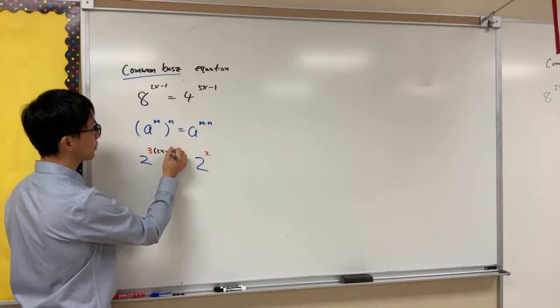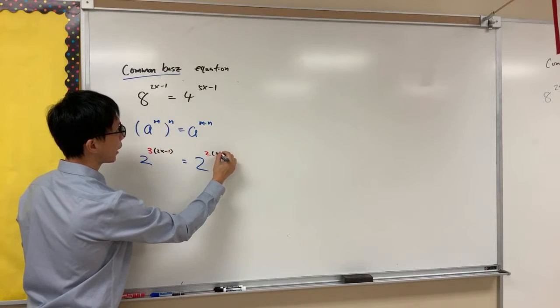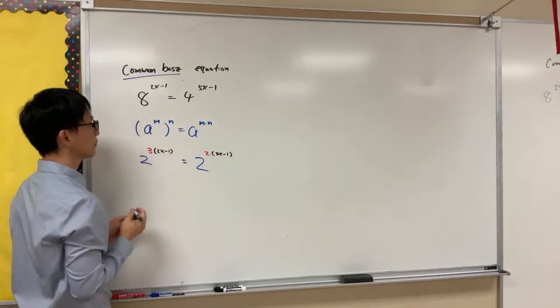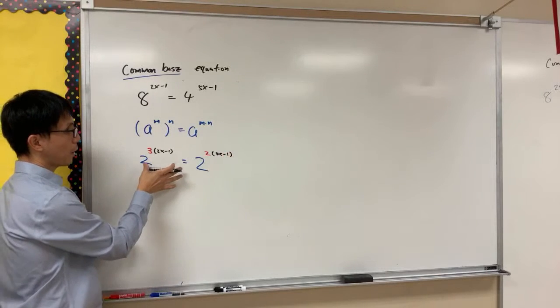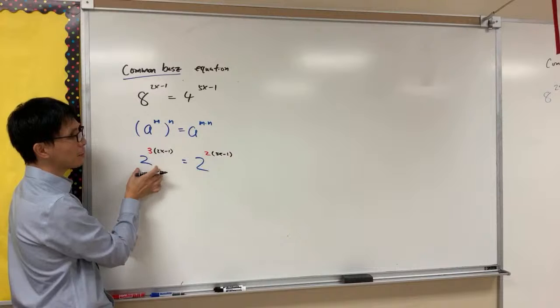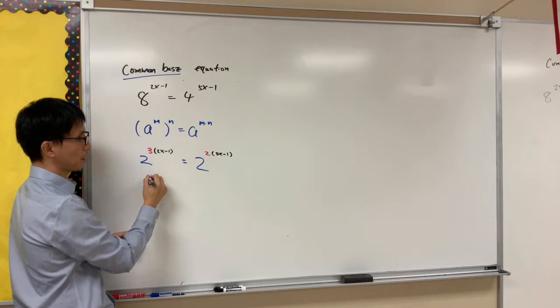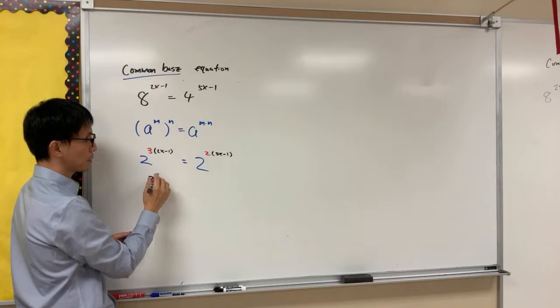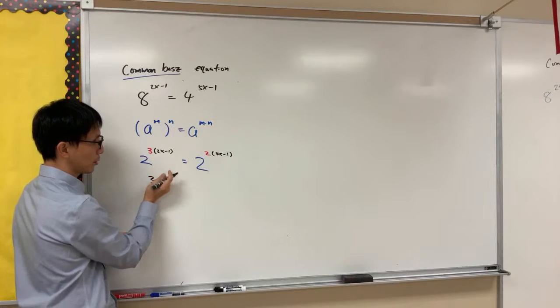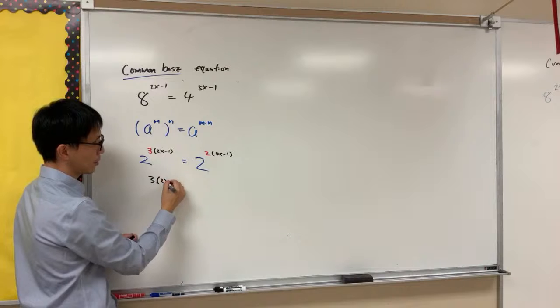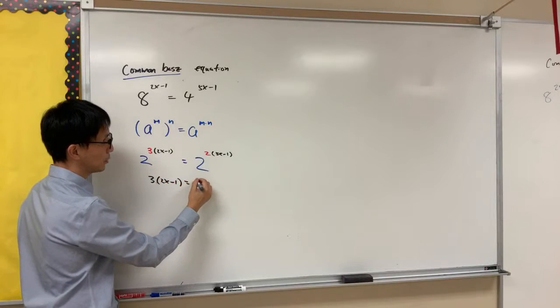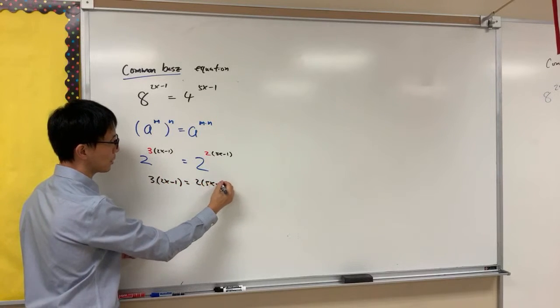So it's 3 times 2x minus 1, and then 2 times 5x minus 1. Now, do I care about what happened on the bottom? The bottoms already equal each other, so we don't care about the bottom. So all we gotta do is 3 times (2x minus 1) is equal to 2 times (5x minus 1).